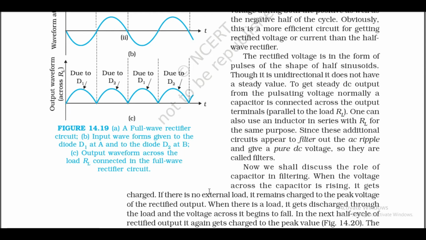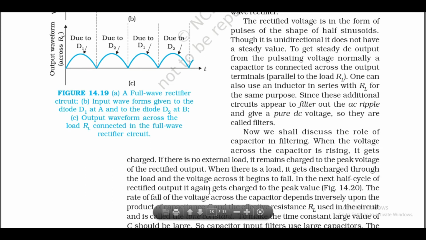One can also use an inductor in series with RL for the same purpose. Since these additional circuits appear to filter out the AC ripple and give a pure DC voltage, they are called filters. Now we shall discuss the role of the capacitor in filtering.